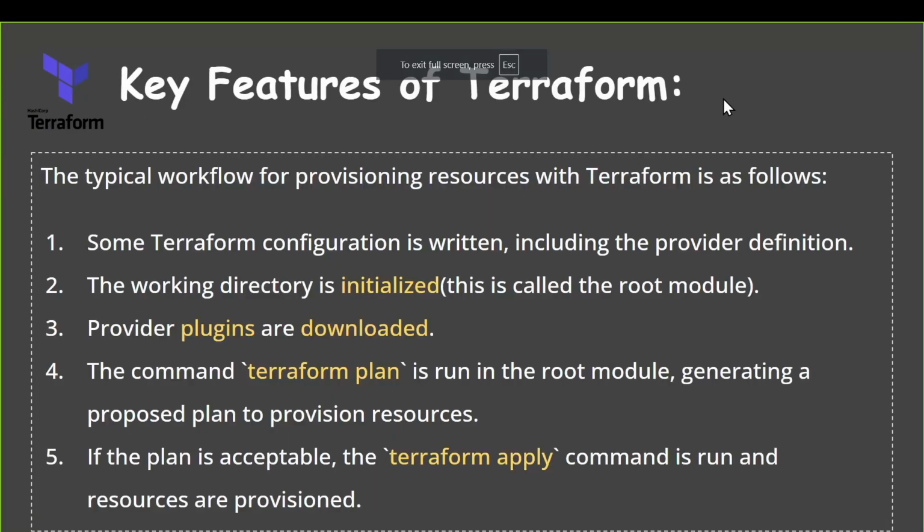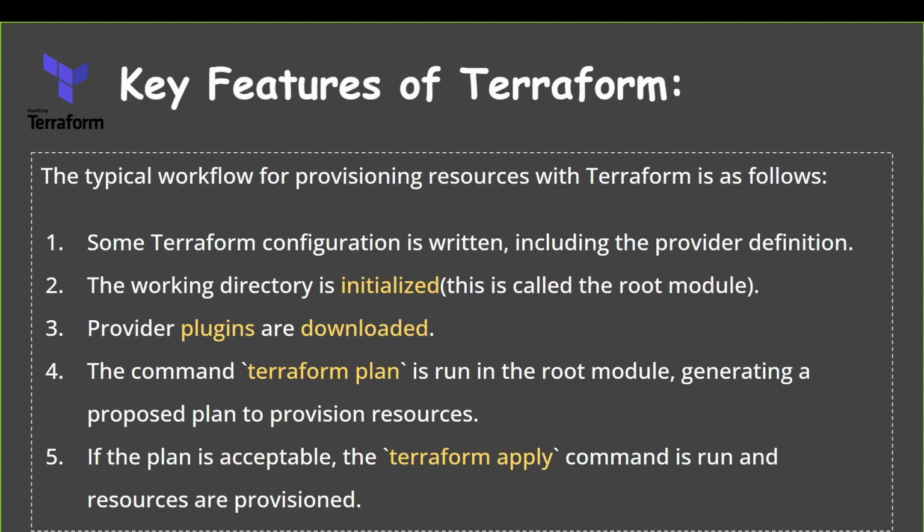Now, what are the key features that we have in Terraform? There are many steps generally which have to be followed when dealing with a tool or a new language. The obvious one is, number one, you need to write some Terraform configuration, and that has to be saved in a certain file with a certain extension.